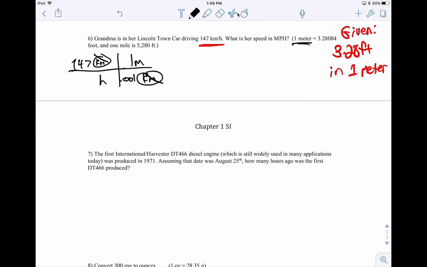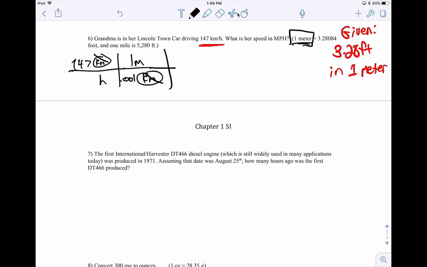Let me make it clear: we're canceling out kilometers because kilometers is not a unit in the final answer. Hours, on the other hand, is a unit in the final answer, so we want to keep that. And just in case you missed it, the reason I went from kilometers to meters was because meter is given to you in the problem. That's meant to not only give you a conversion factor in case you don't know it, but to help guide you along.